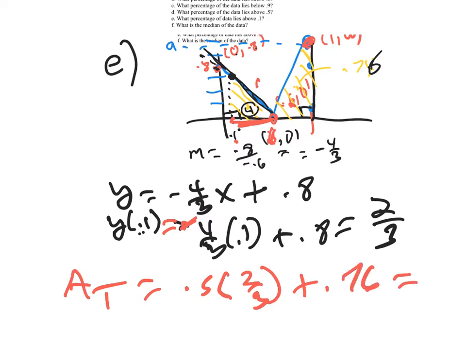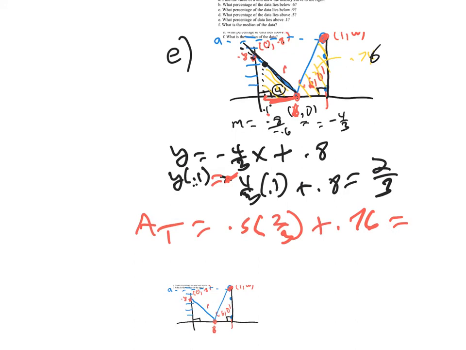Key that in, and Sophia's got her answer for E. 1 what? No, it can't be 1.0. The whole area can't be bigger than 1. So you need to divide the... Oh, I forgot to divide by 2? Oh, I'm sorry. So he's right. I just didn't tell you to divide that by 2. Thank you very, very much.